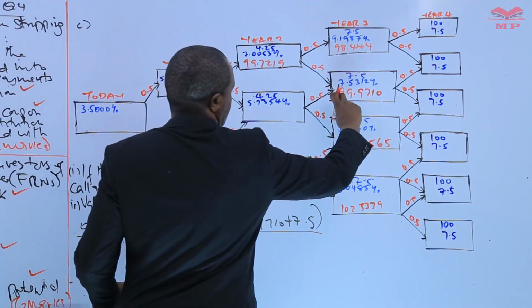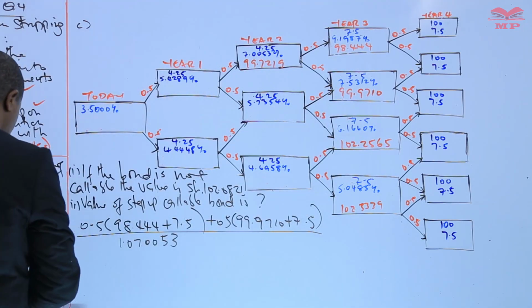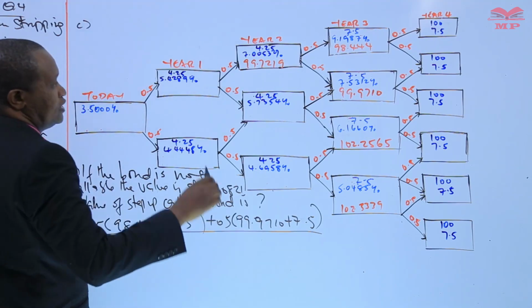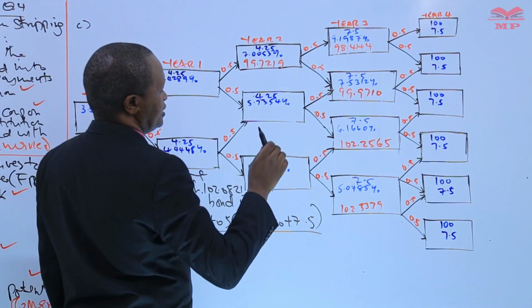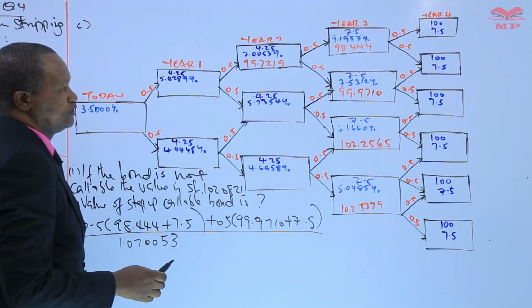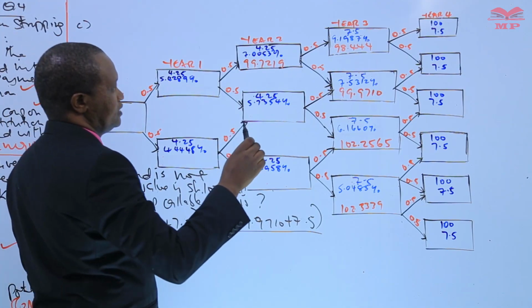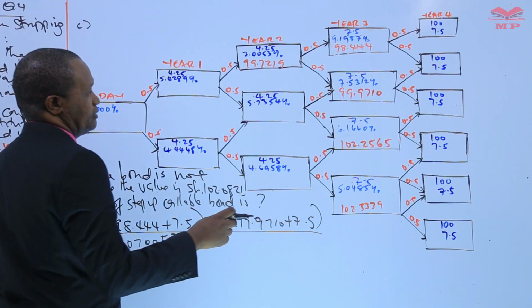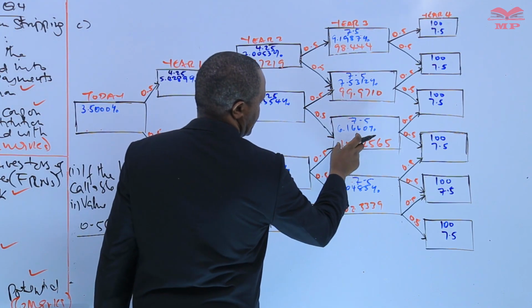We come down here. Now I want you to be keen with this one. Now, candidates, we read from the question that this bond is callable at 100. The note is callable at par. You can see here, this is beyond the par value.